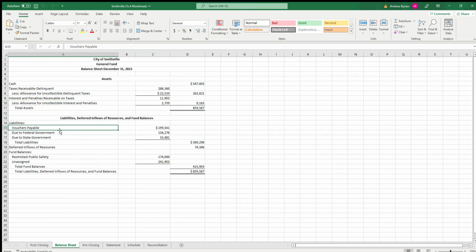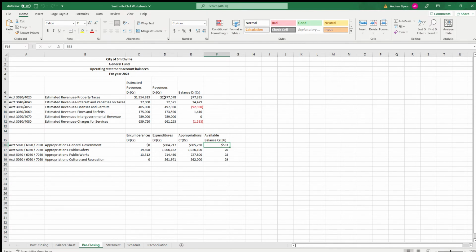And we have our vouchers payable, the amounts owed to the federal and state governments. We have our deferred inflow of resources. And we have our restricted and unassigned fund balances, totals, and they're both equal, which is good.